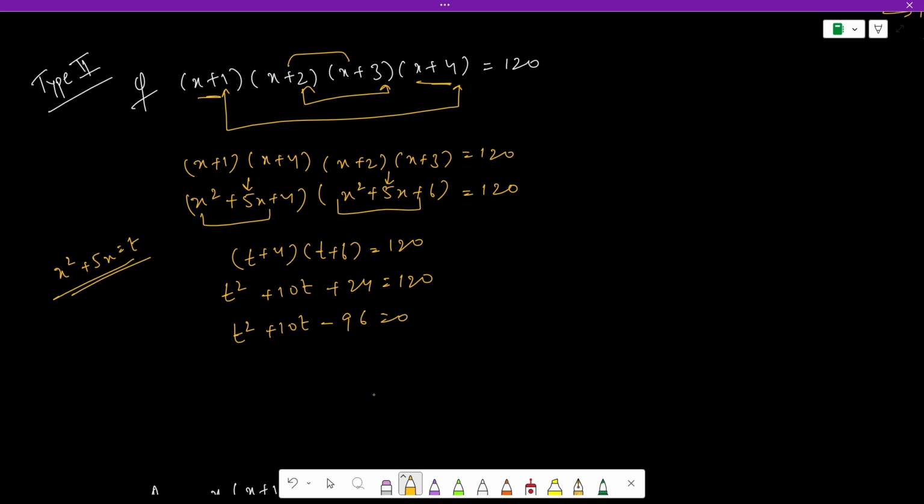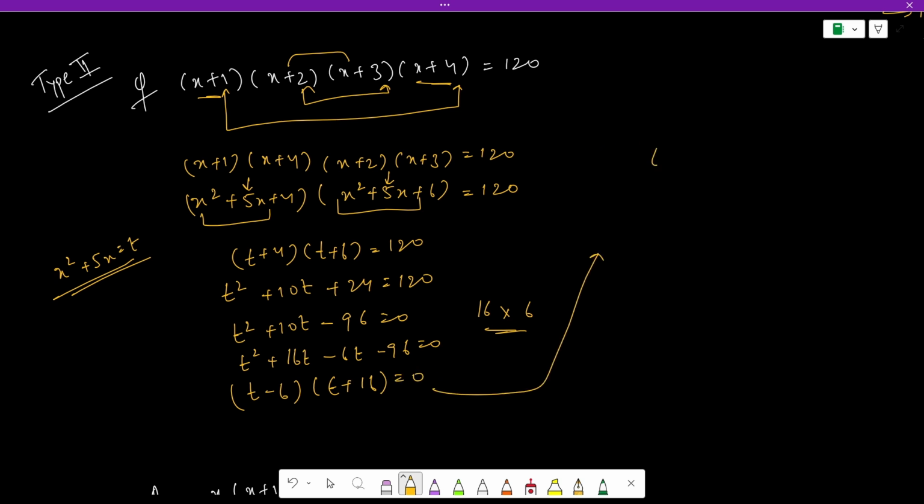Now we need the product to be minus 96 and the sum to be 10, so 96 can be written as 16 into 6. So this becomes t square plus 16t minus 6t minus 96 equals 0. t minus 6 into t plus 16 equals 0.